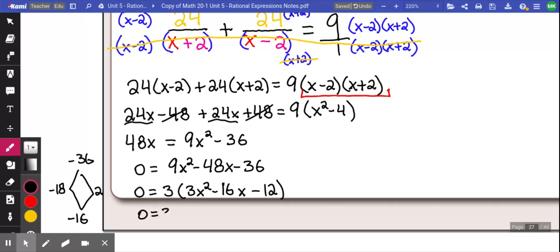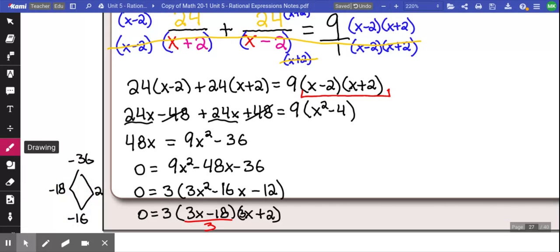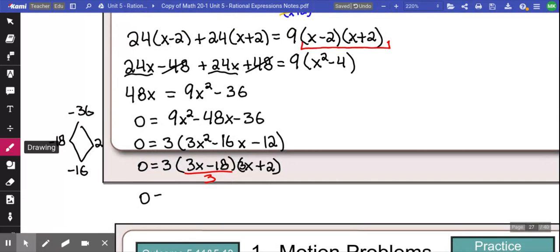So this becomes (3x minus 18)(3x plus 2). One of these has to divide by 3, giving me 0 equals (3x minus 6)(3x plus 2). I get my two solutions. The one solution is x equals 6. The other solution is x equals negative 2 over 3.